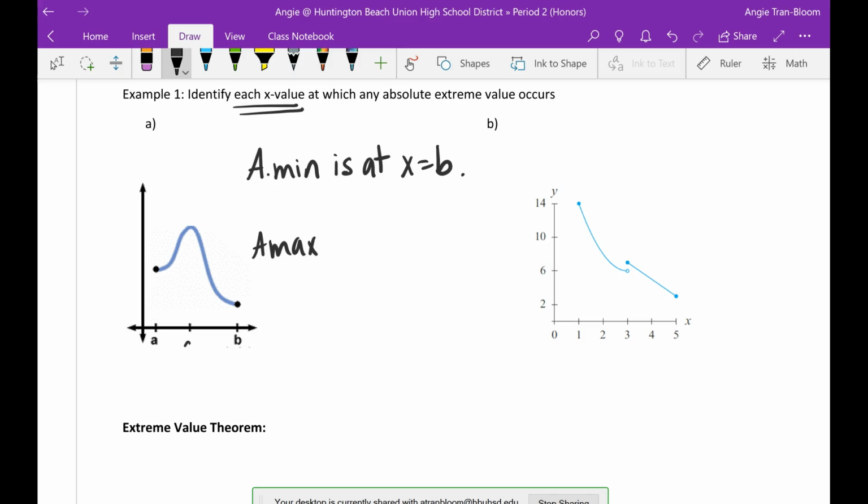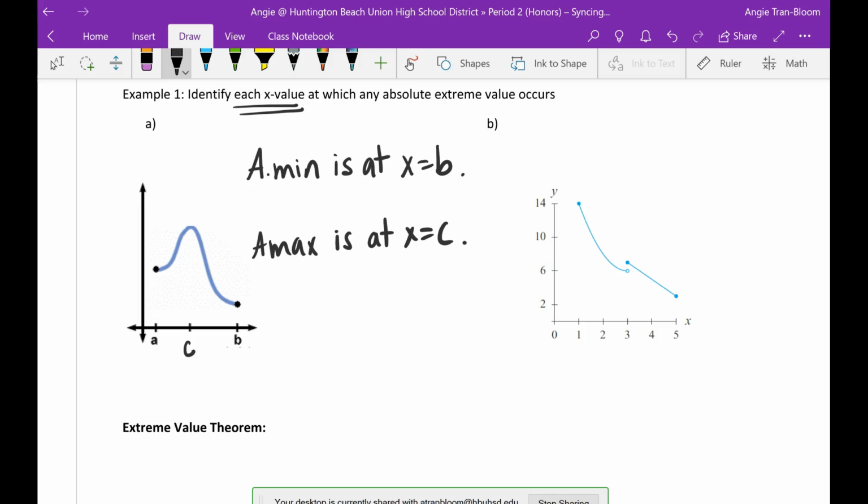Yes. Since this is not labeled, let's call it C for the sake of answering this question. Do we have an absolute max? Josh Summers. C. So absolute max is at x equals C. Easy peasy. Why don't you guys try out B for me and let me know.